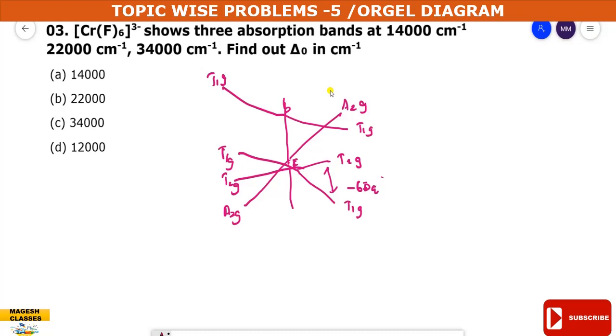So this difference value increases, so 10 DQ, and this is 10 DQ. Okay, so in reverse, it is minus 10 DQ, and this value is minus 2 DQ, and this is equal to plus 6 DQ. Clear?